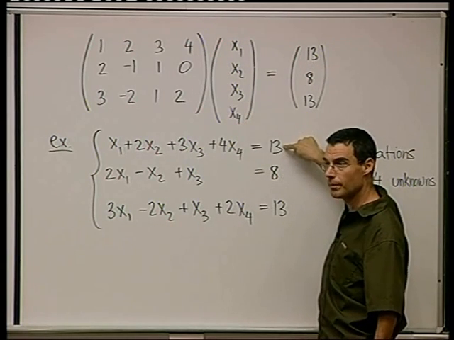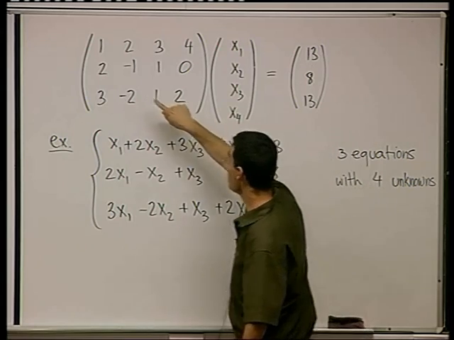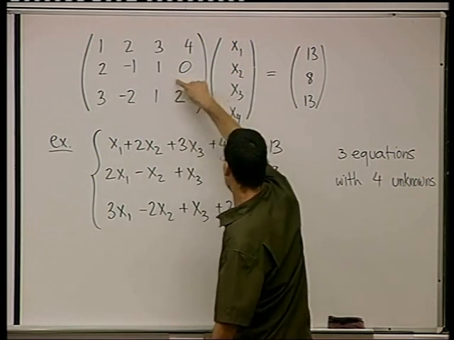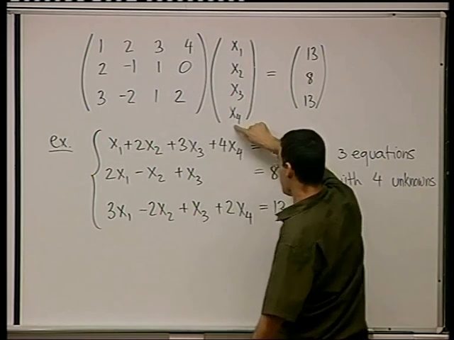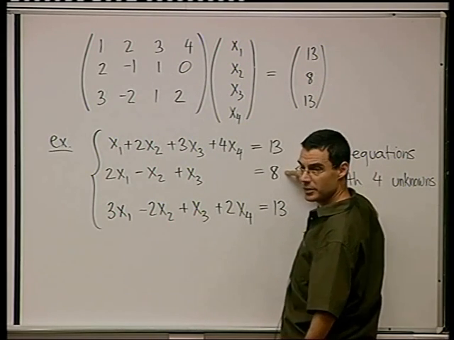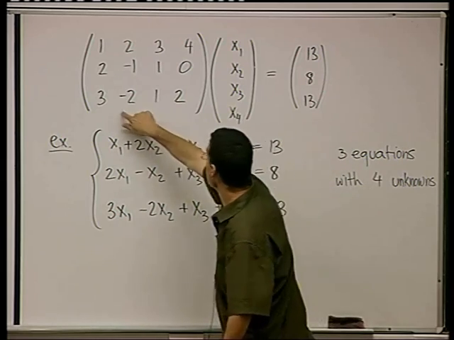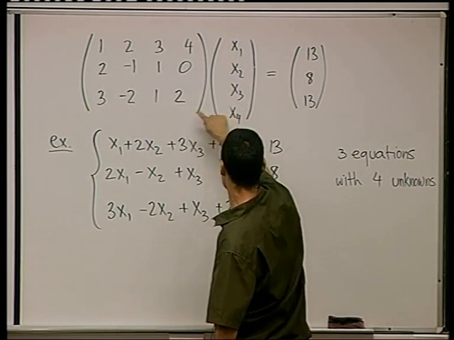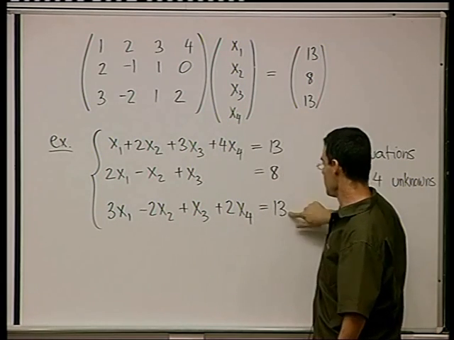That's this equation. Do you agree? Yes. And 2 times x1 minus 1 times x2 plus 1 times x3 plus 0 times x4 equals 8. That's this equation. And 3 times x1 minus 2 times x2 plus 1 times x3 plus 2 times x4 equals 13. That's this equation.